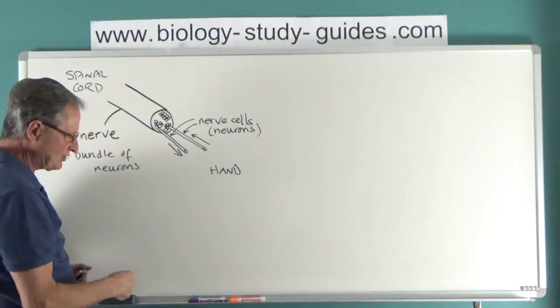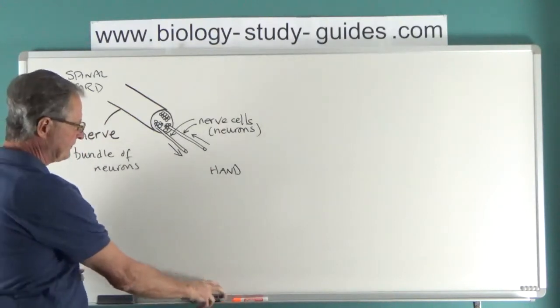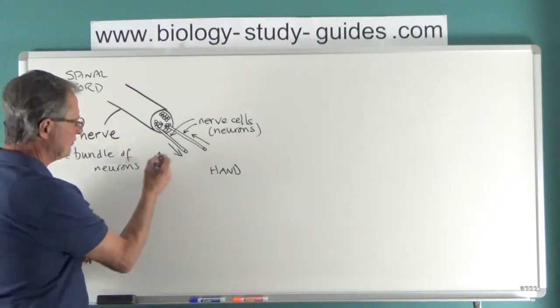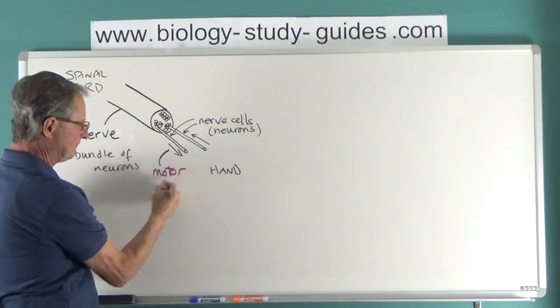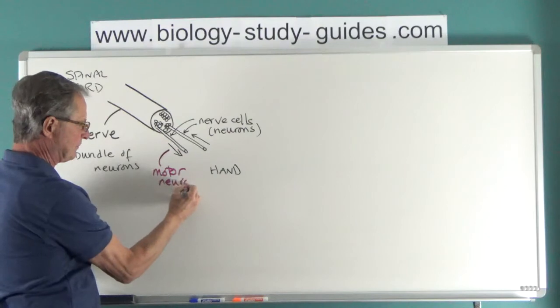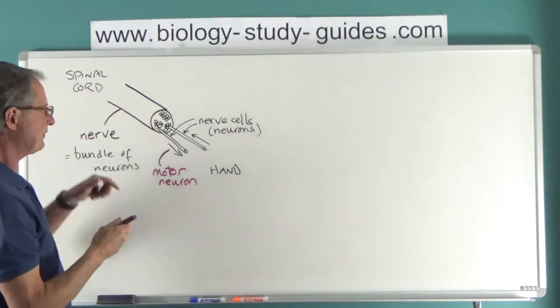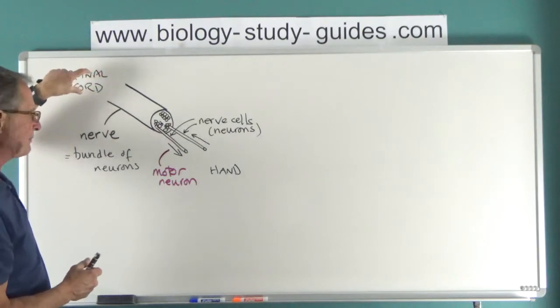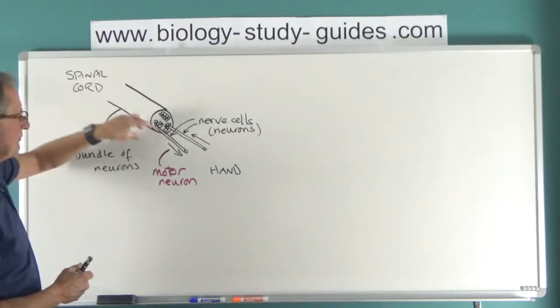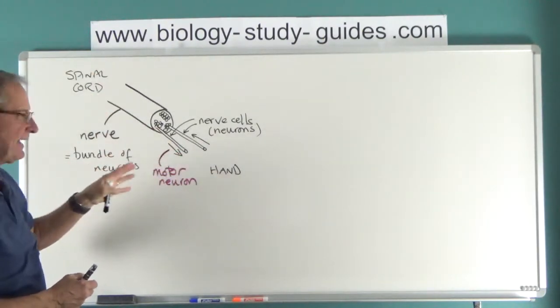Labeled in that fashion, this one would be a motor neuron, because it quite simply is taking an impulse that's directing movement, perhaps, to the hand. So it's creating some movement within the hand.